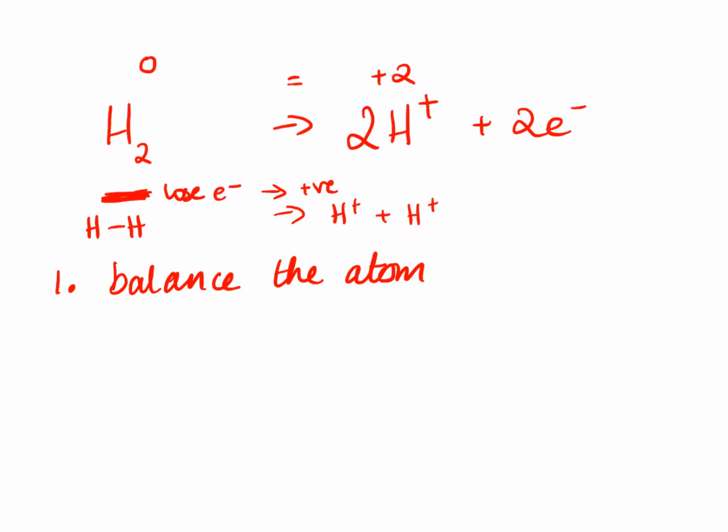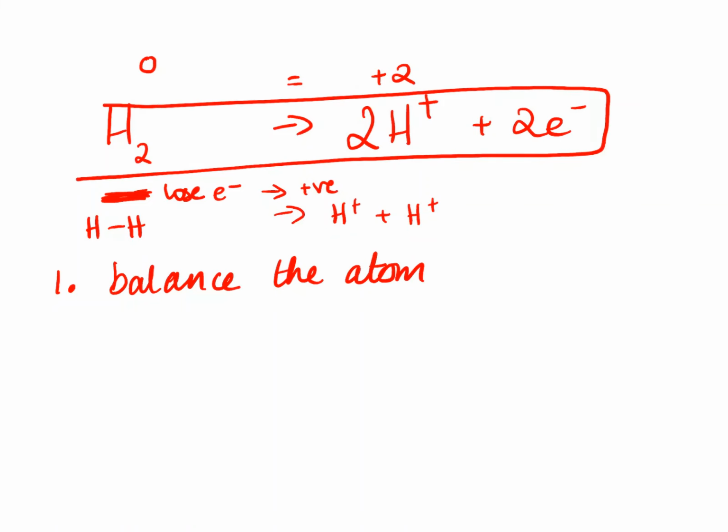The 2H+ and the 2e- together are the H2. So the half equation is there, and just to check the maths, we said 0 equals +2 for the H pluses. Now we've got 2 negative electrons. So 0 equals +2 minus 2 is mathematically correct, which tells us that our half equation is.